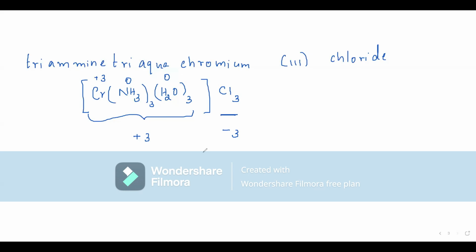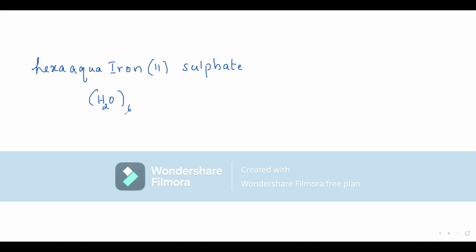Okay, so next example now. Hexaaqua iron(II) sulfate. Aqua is H2O, hexa 6 times.